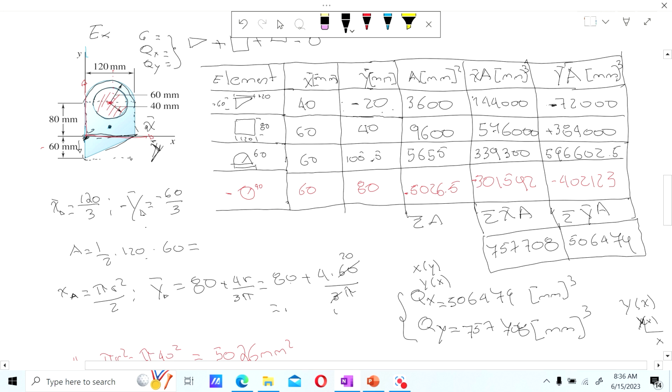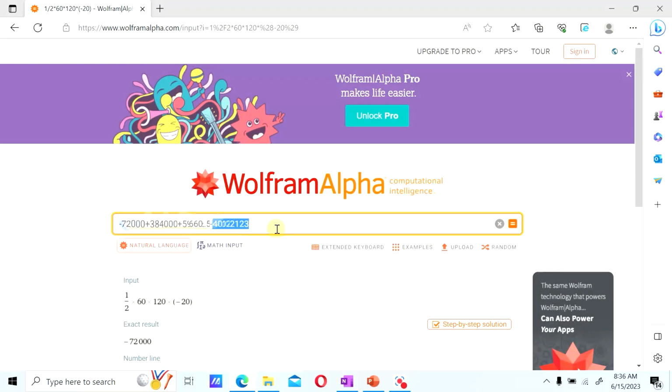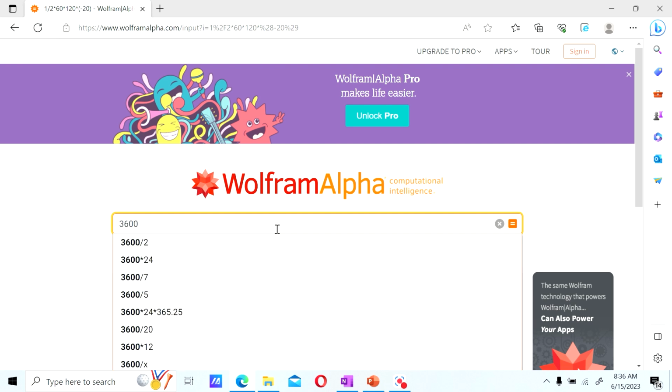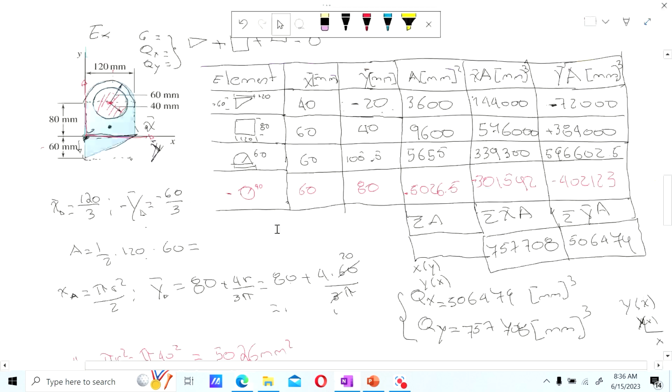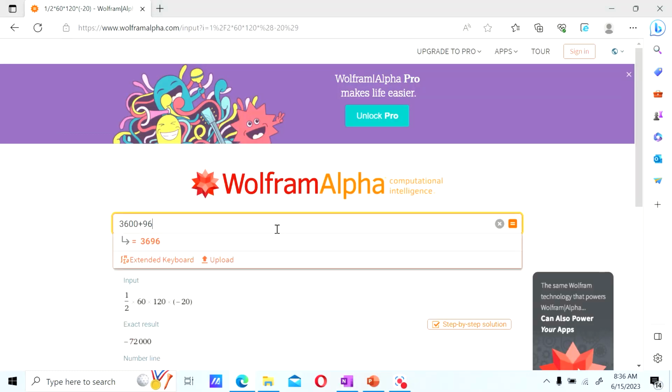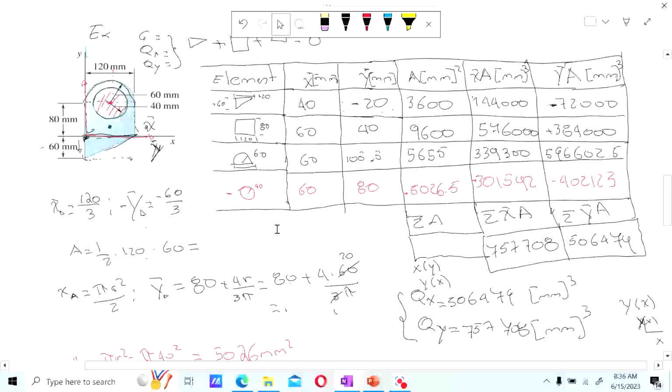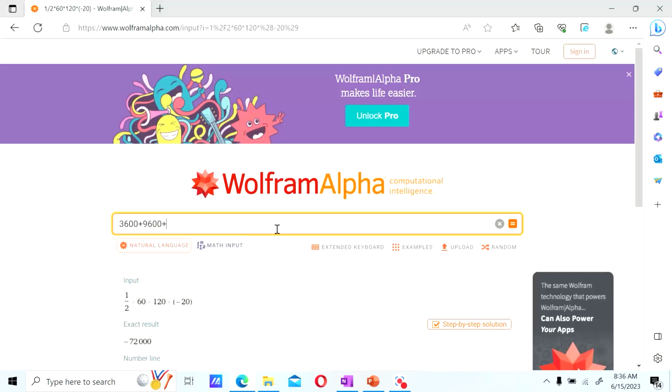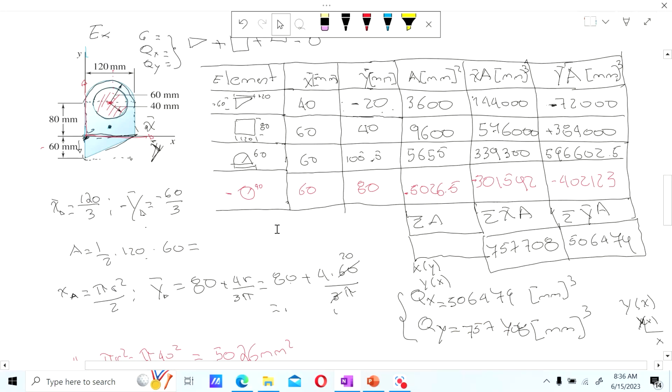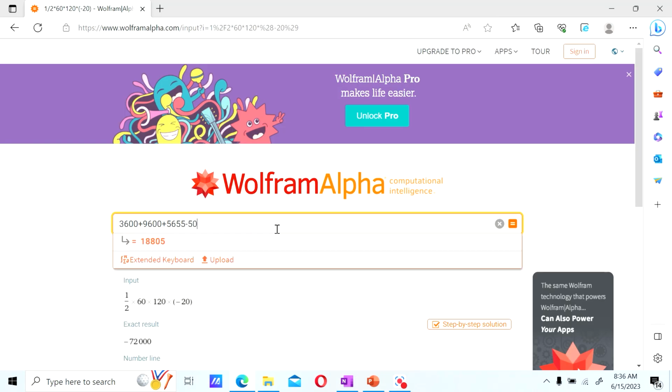Summation of areas. All right, it's 3,600 plus 9,600 plus 5,655 minus 5,026.5, and that is 13,828.5.